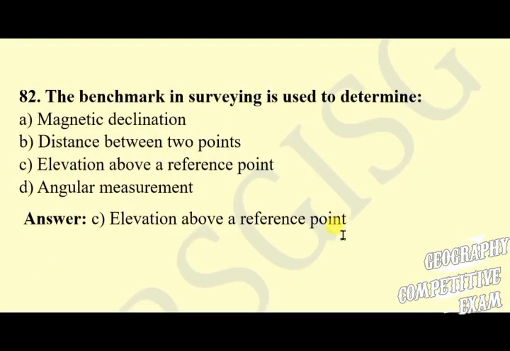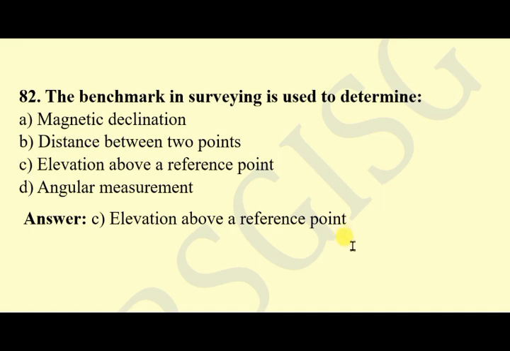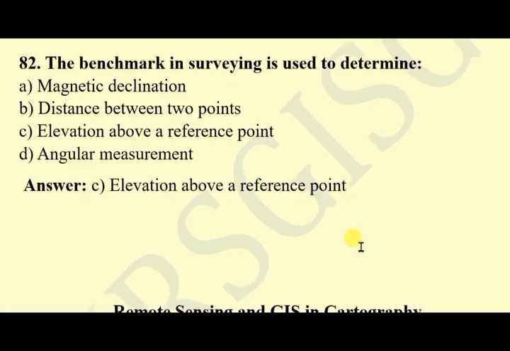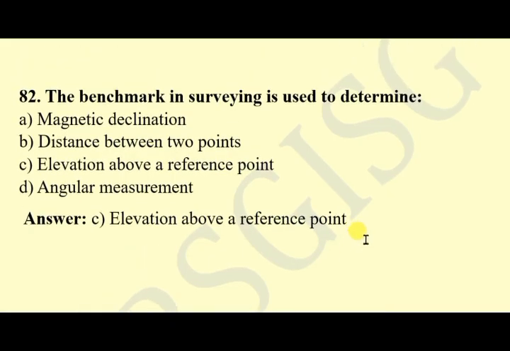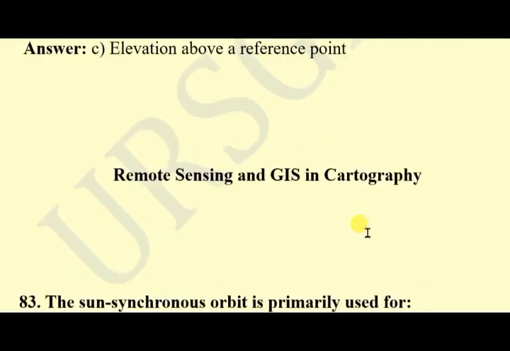Question 82. The benchmark in surveying is used to determine magnetic declination, distance between two points, elevation above a reference point, angular measurement. So the right answer will be elevation above a reference point.